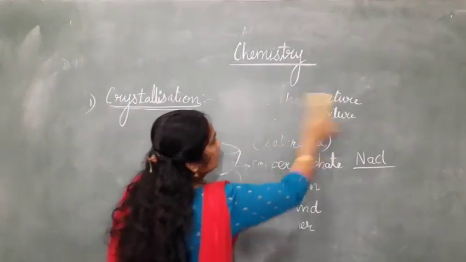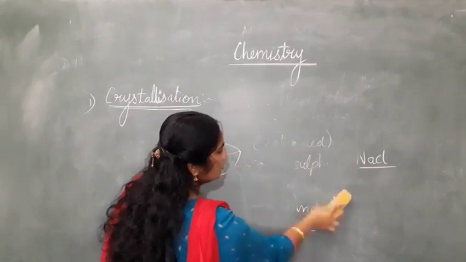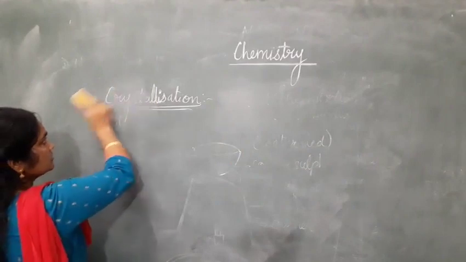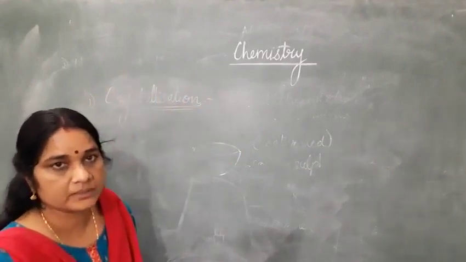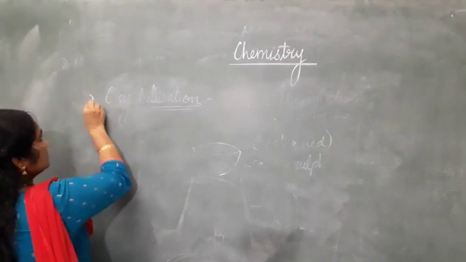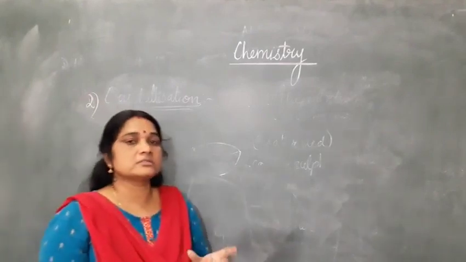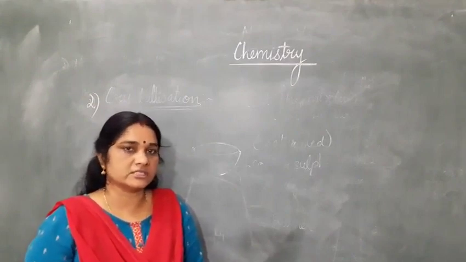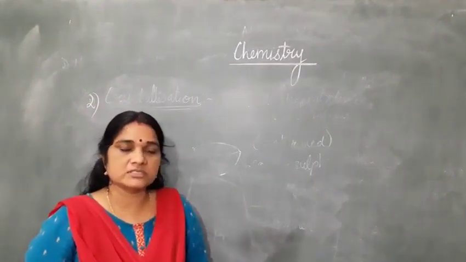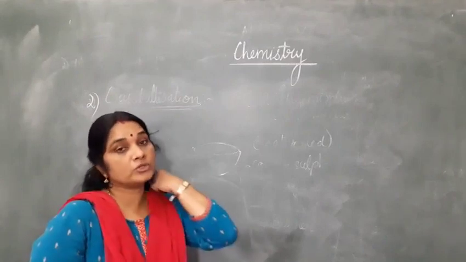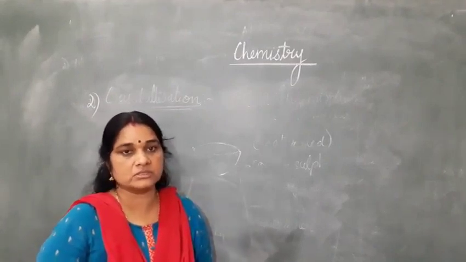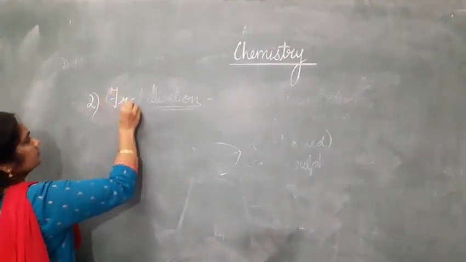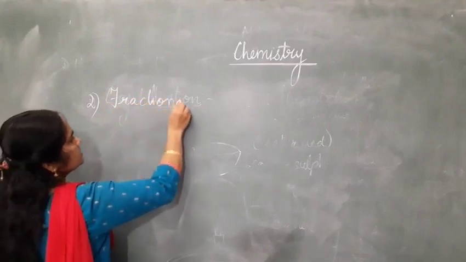Now, what happens when there are more than two miscible liquids? How can you separate such mixtures? When two miscible liquids are mixed, we use normal distillation, which works when there is a wide difference in boiling points. But if more than two liquids are present in a mixture, how can you separate it? That can be done by fractional distillation.